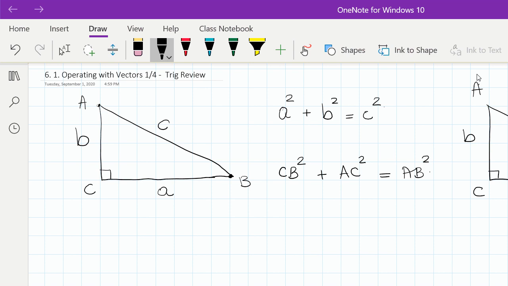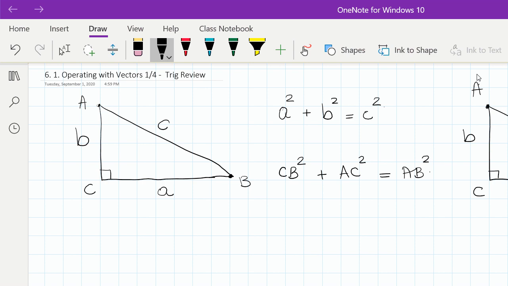So the hypotenuse is the longest side of the right angle triangle. And then the two other sides, a and b, in our case, will be interchangeable. Sometimes they will be opposite and sometimes they will be adjacent, depending on which point of view we are looking at.